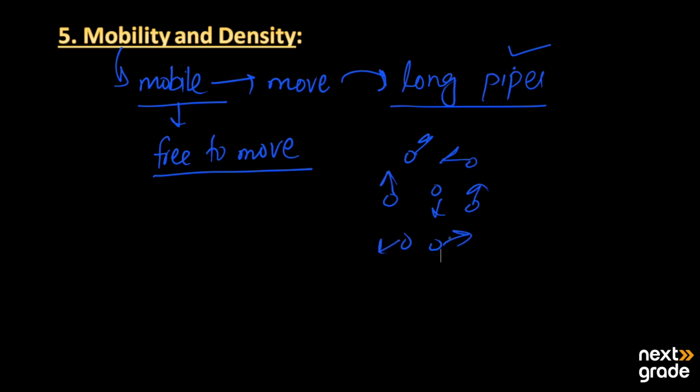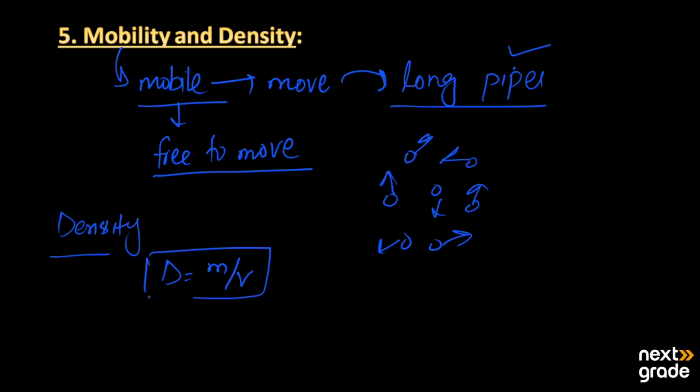The density. When we talk about density, by formula it is mass per unit volume, and its mathematical form is d = m/v, that is mass per unit volume.